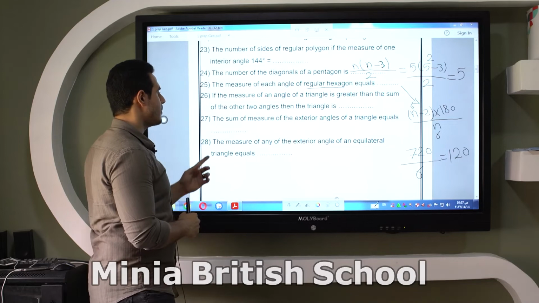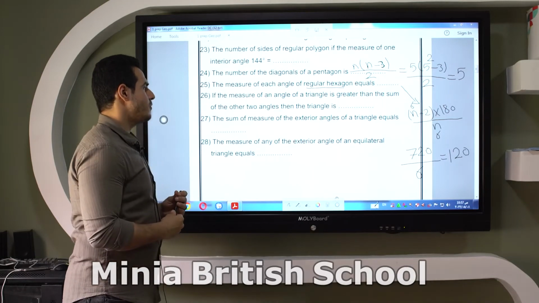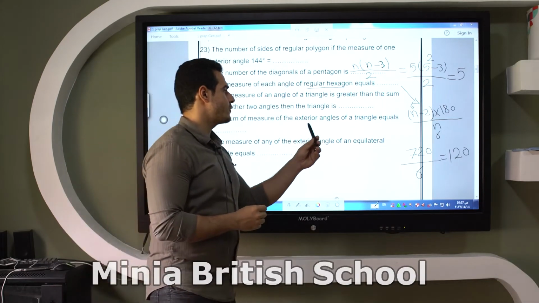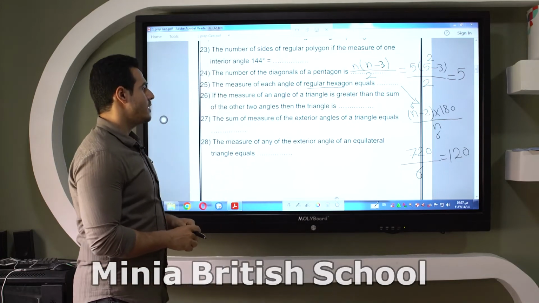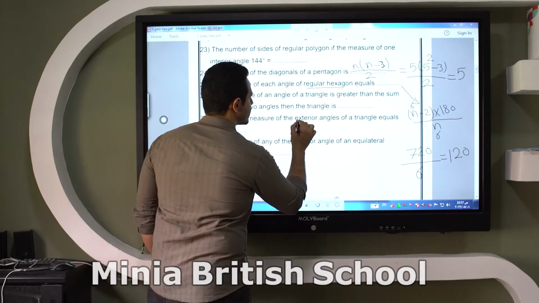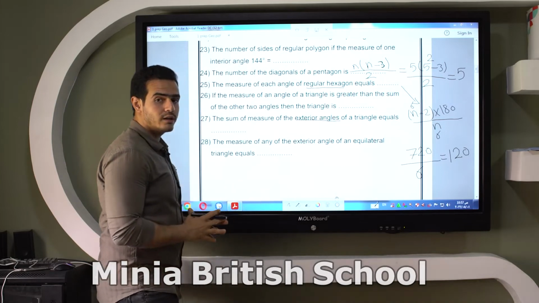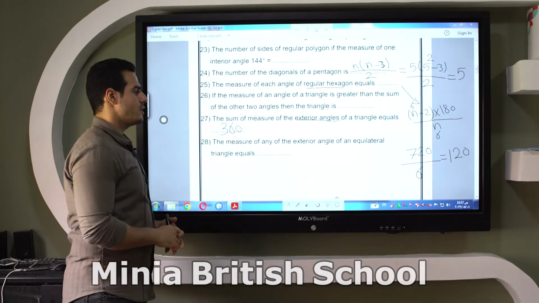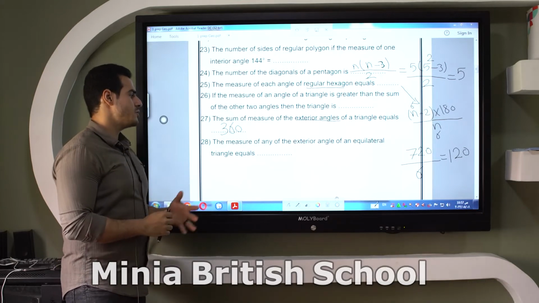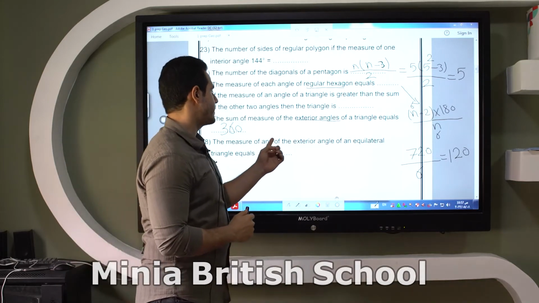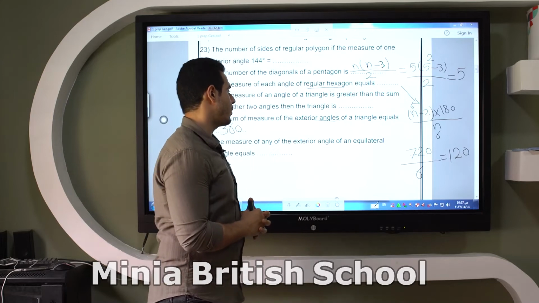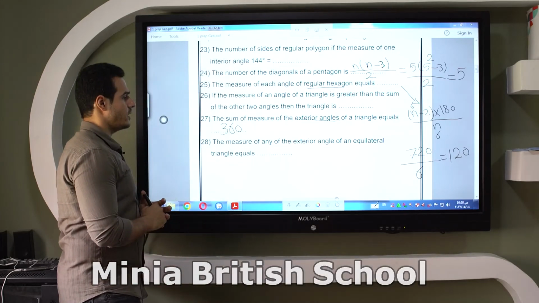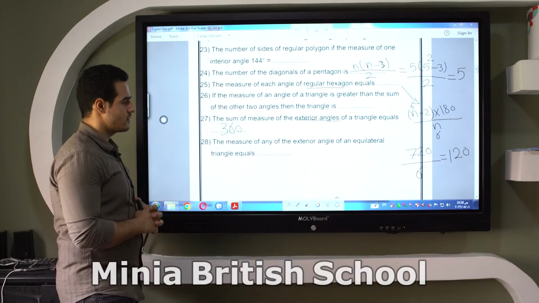Now, the sum of the measures of the exterior angles of a triangle equals what? The sum of the measures of the exterior angles of any polygon equals 360. Number 28. The measure of any exterior angle of an equilateral triangle equals what?